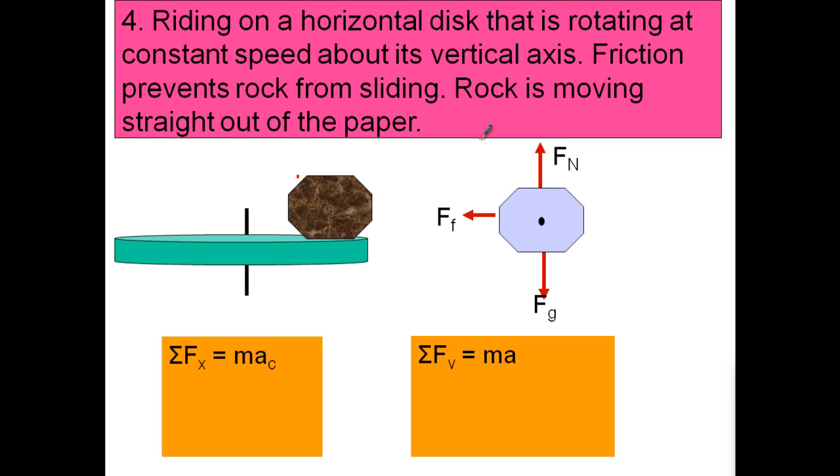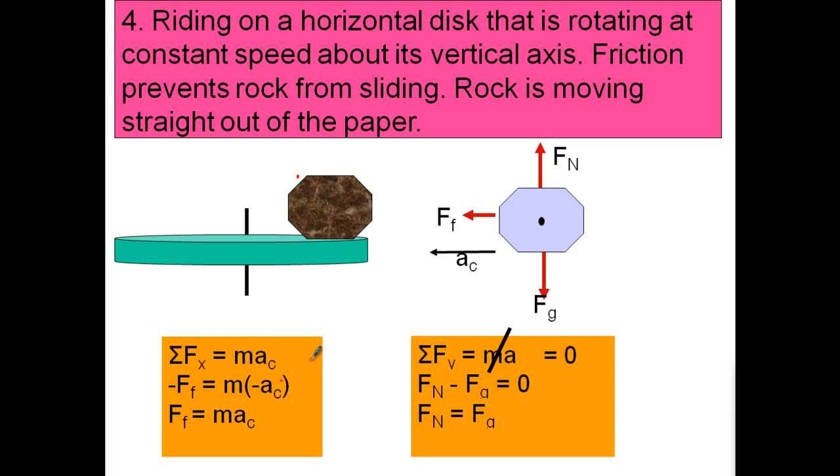It's also accelerating towards the center because our centripetal force and our acceleration point in the same direction. Now it's not moving up or down, so net force in the y is 0. And since our force is going to the left, negative frictional force equals mass times negative centripetal acceleration. So our frictional force equals our mass times acceleration. And again, we get our normal force equals our weight.